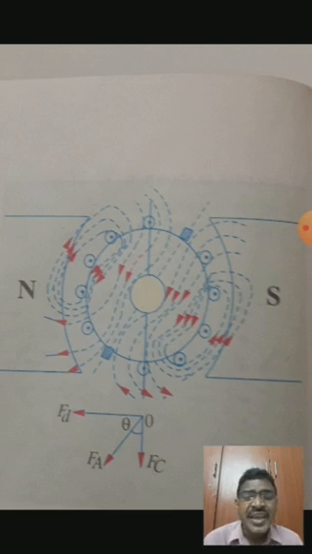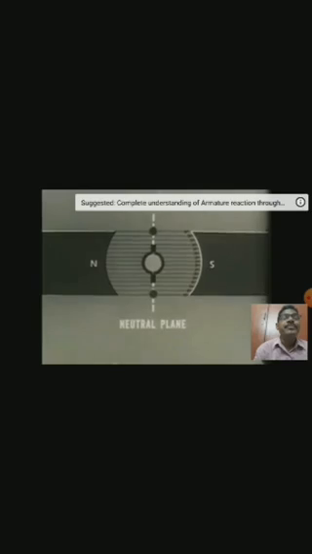Due to this unevenly distributed magnetic flux and the shifting of the magnetic neutral axis, sparking takes place between the commutator segments and the brushes. That is the cause of the cross magnetizing component. An animation video is shown for this armature reaction. Please observe. All these processes are associated with this video.